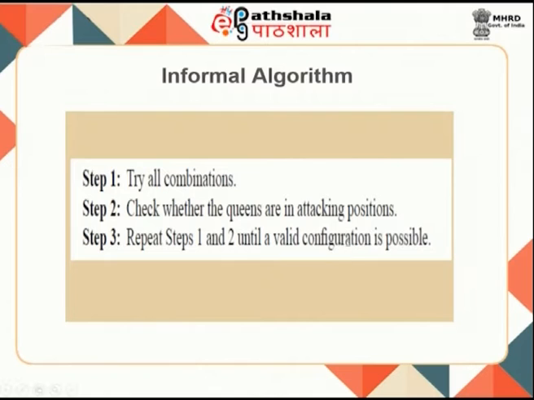Informally, the algorithm for this is like this. In step 1 I am going to try all possible combinations, and in all combinations I will check whether the queens are in attacking position or not. If not, it is a success, otherwise it is a failure. I will go back and change the queen so that the process continues.